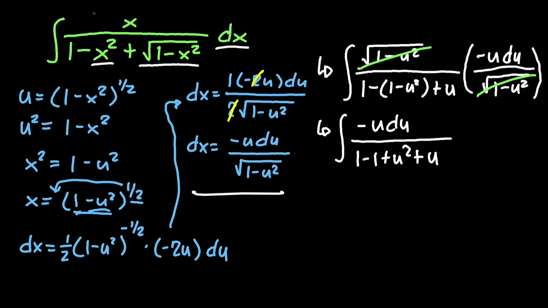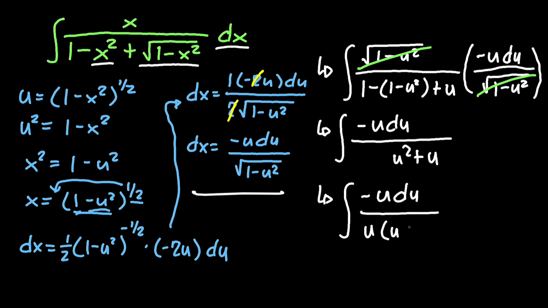And so 1 minus 1 here would be equal to 0. And so, you can observe here that u squared plus u can be factorable. And so, it would become the integral of negative u du over the factor of u squared plus u, which would be u multiplied by u plus 1. And so, the u here would cancel each other out.